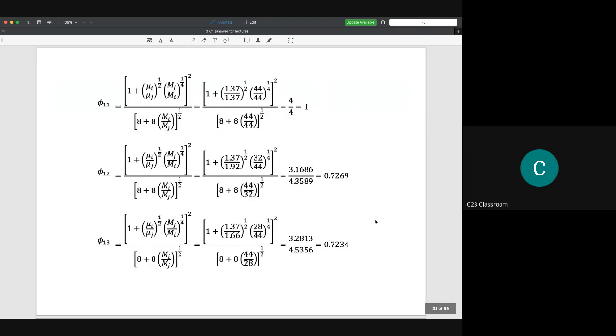I hope you can note this down, because later you can do the calculation by yourself.